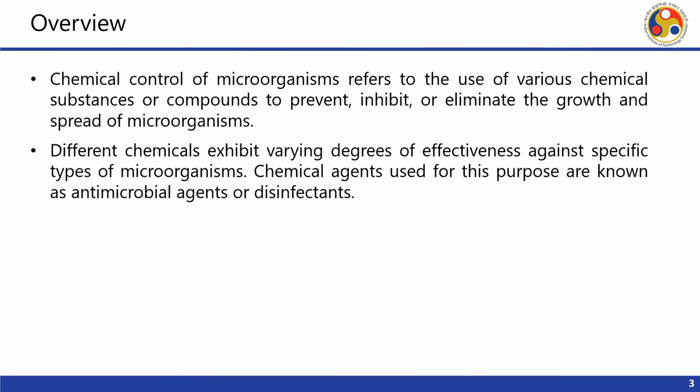Chemical control of microorganisms refers to the use of various chemical substances, which we have discussed in the earlier list, or compounds which prevent, inhibit or eliminate growth and spread of microorganisms. Various chemicals exhibit varying degrees of effectiveness against specific types of microorganisms. Chemical agents used for this purpose are known as antimicrobial agents or disinfectants.